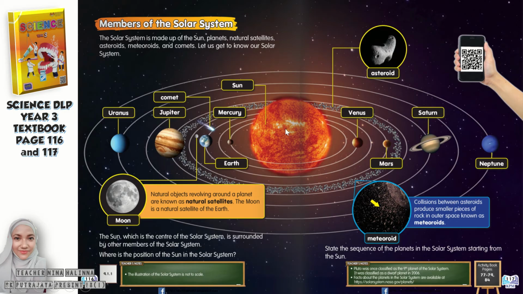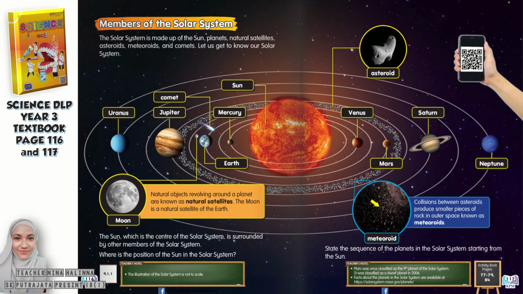So the Sun. Okay, now next to the Sun, really near to the Sun, can you see? The first object here is Mercury. Mercury is actually a planet. What is a planet? How do you define a planet? A planet is a round object that surrounds the sun. Okay, that revolves around the sun.